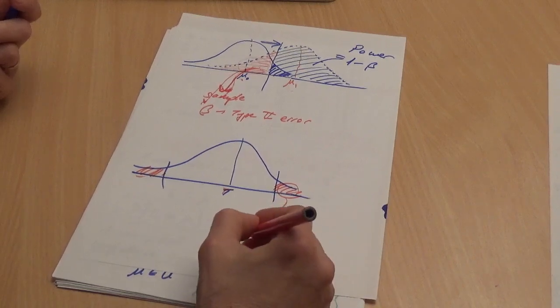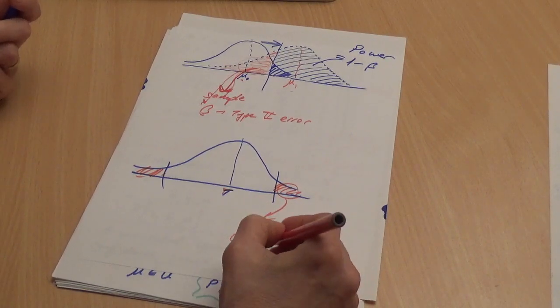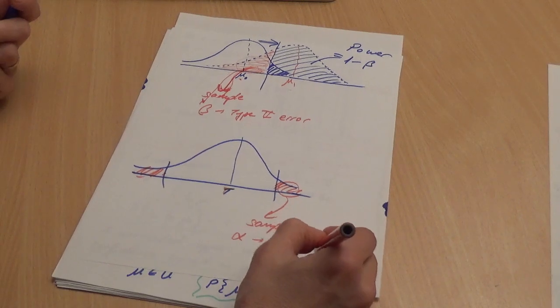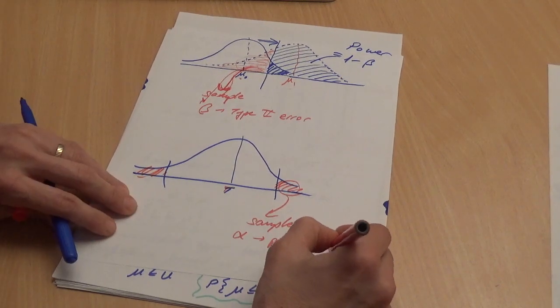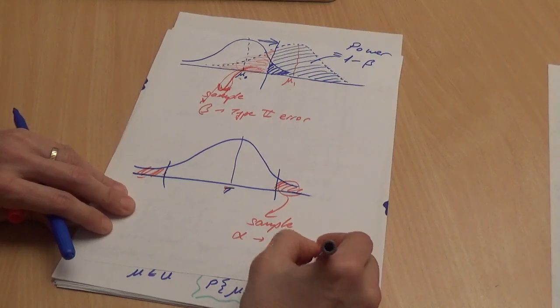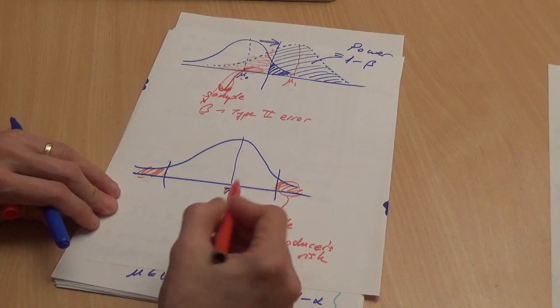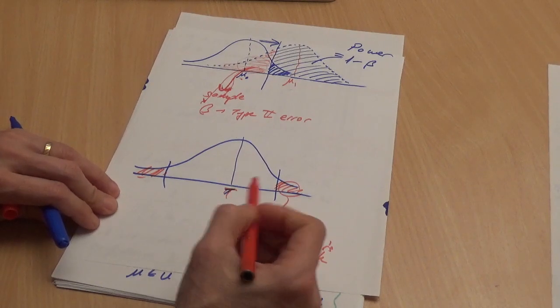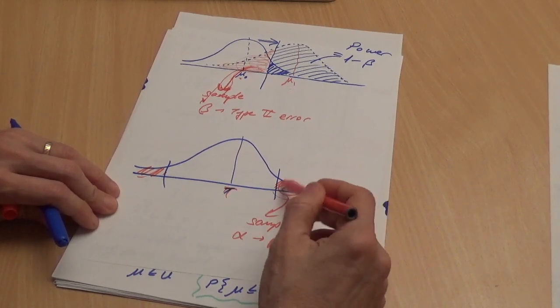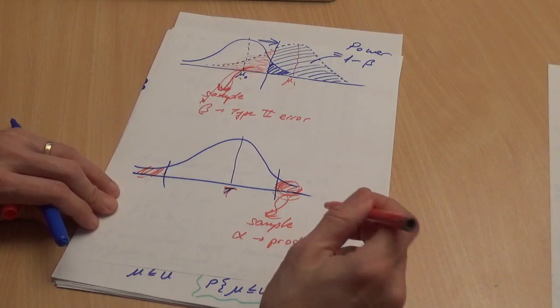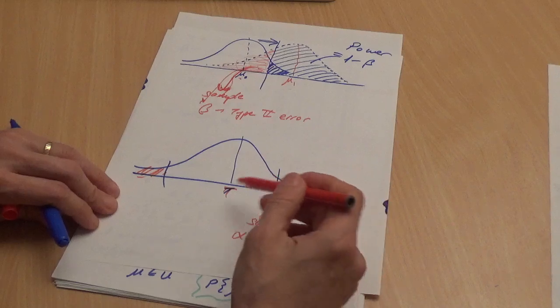So that's alpha, the producer's risk. Although the producer is producing at the target, since there is a sample selection from the rejection area, the company said you're not producing at the target. So that's the producer's risk.